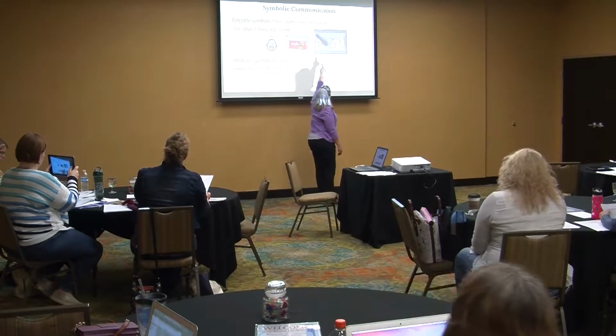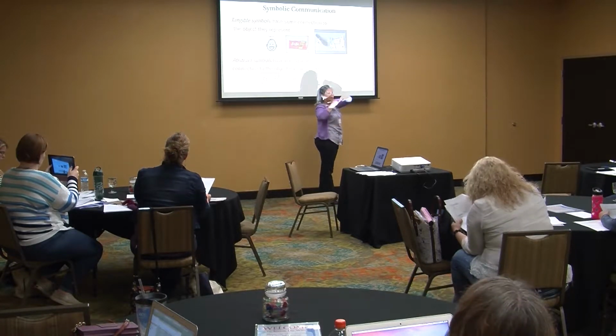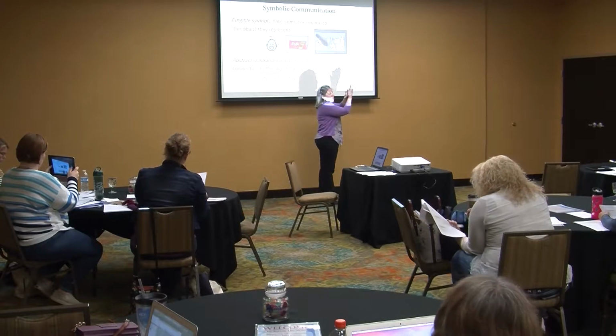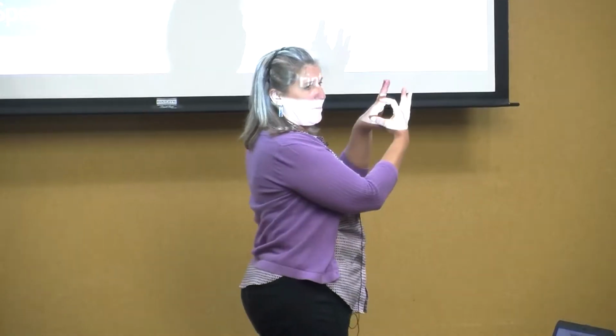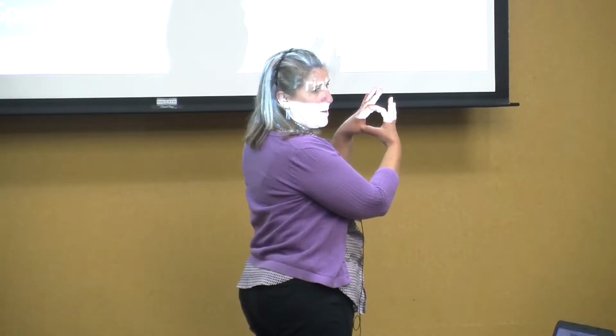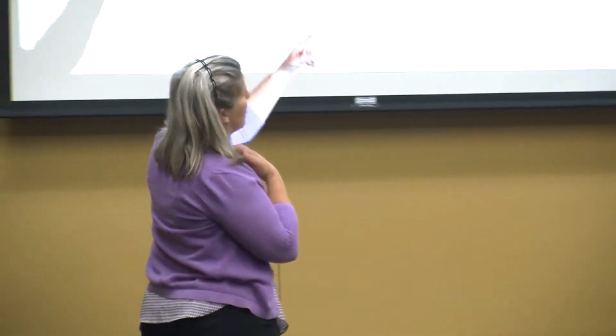These are different actual objects, but they're pairing it with the line drawing so that they can start to understand that this brush can be represented with this tactile symbol, or this line drawing symbol. So you're helping them to associate what that means and pairing it so that they can understand, I'm going to take that away at some point and you're going to know that this means this.